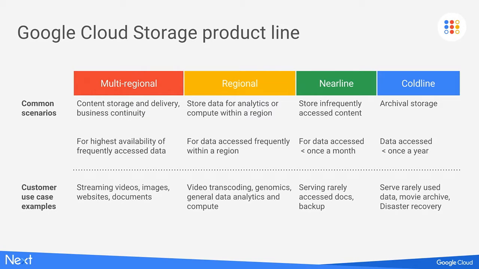Then moving to the right, you will see 2 storage classes that are built for cold or cool data. That's Nearline, which is built for data accessed less than once a month, and Coldline, for data that's accessed less than once a year on average. We see customers use those storage classes for serving long-tail content, for disaster recovery, or for archive.